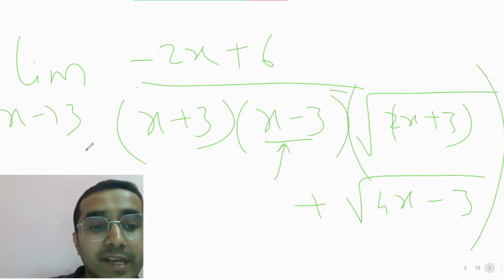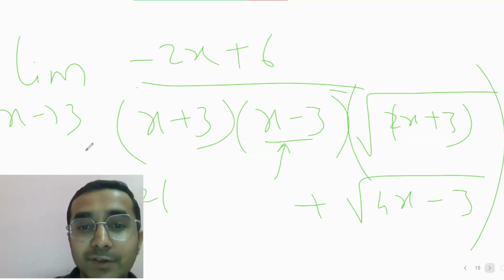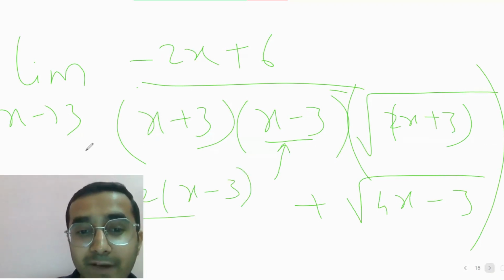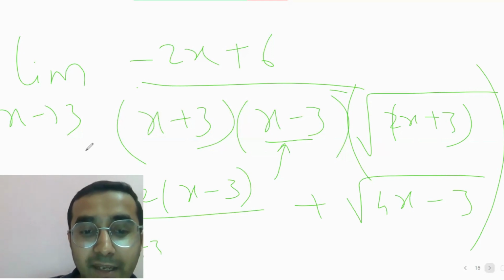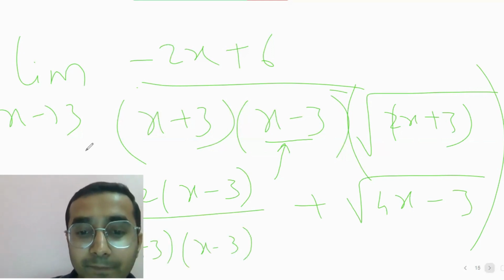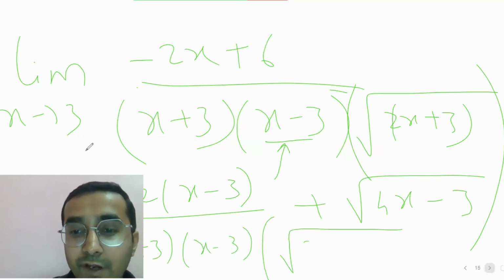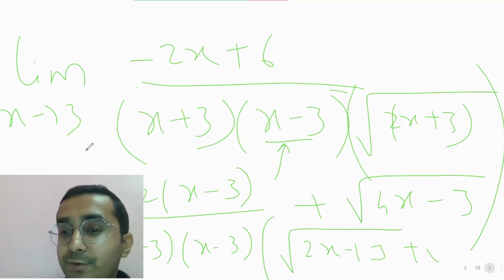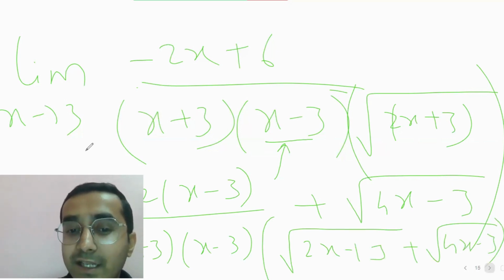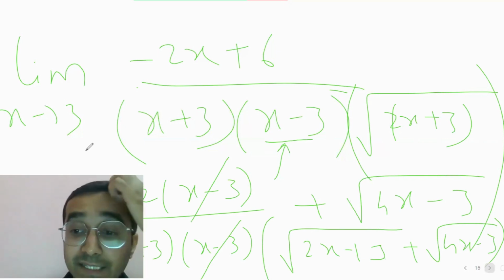How? From the numerator, I can see that I can take minus 2 as common. So it will be x minus 3 divided by x plus 3 into x minus 3 into root of 2x plus 3 plus root of 4x minus 3 as it is. Now this x minus 3 gets cancelled.